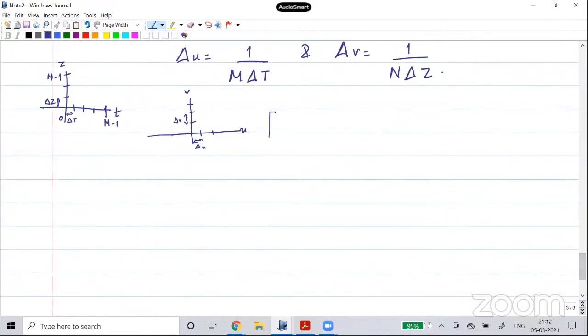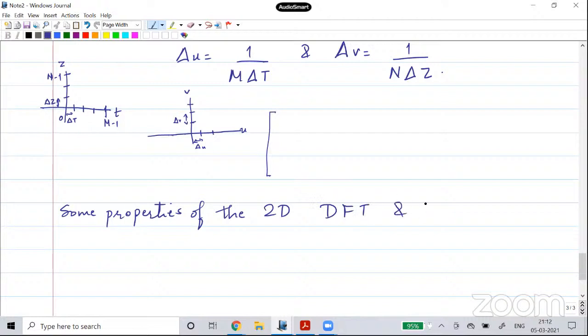I will complete the notes here, whatever I've just said, that it is important to note this inverse proportionality. Okay. So some properties that are important: properties of the two-dimensional discrete Fourier transform and inverse discrete Fourier transform.